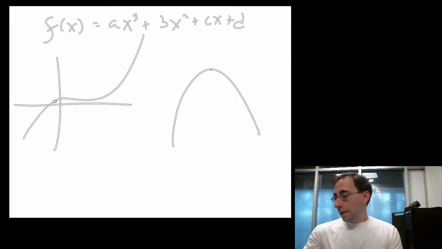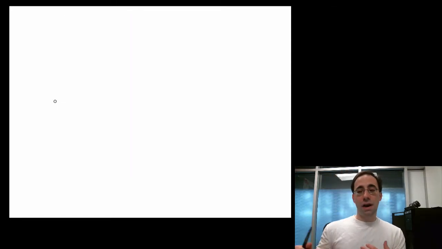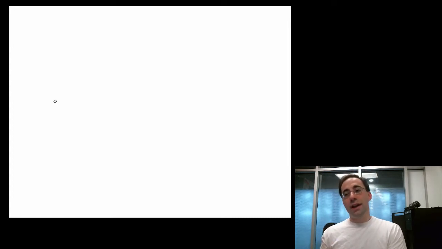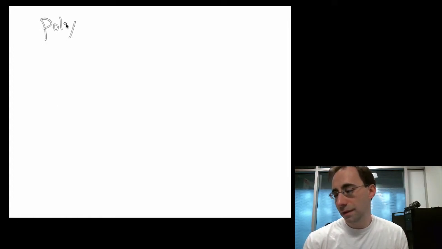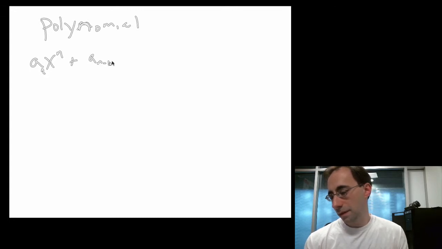Okay. All of these, square, linear, affine, quadratic, are all examples of a larger classification of functions known as polynomials. Polynomials are like this: a sub n x to the n, plus a sub n minus 1 x to the n minus 1, plus dot dot dot.